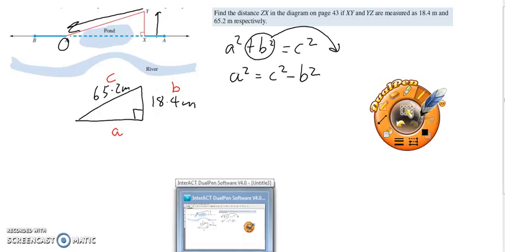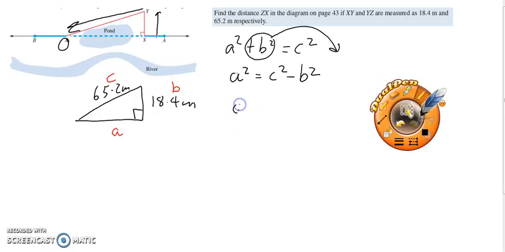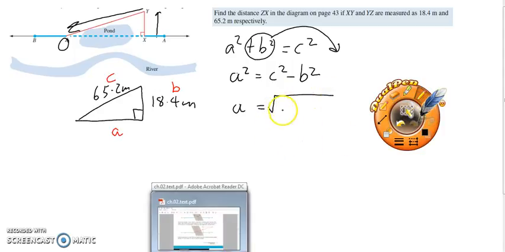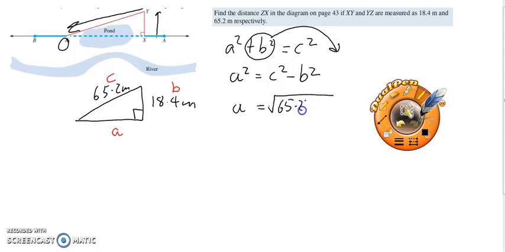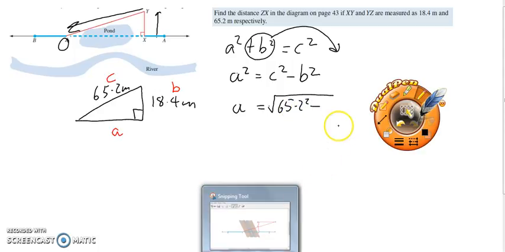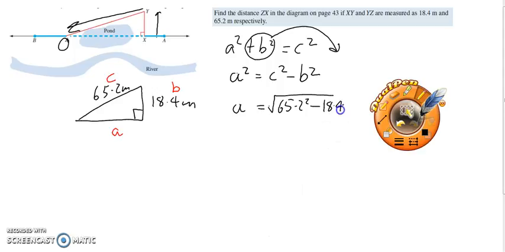So what's happening here is A will equal, because it's squared there, the square root of 65.2 squared take 18.4 squared.